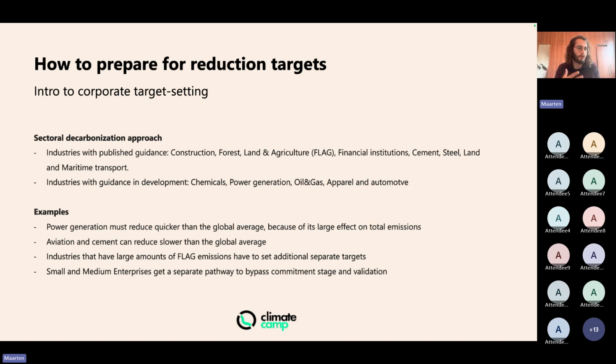I don't know why, there will probably be a good reason for it. But also industries that have a large amount of FLAG emissions need to set additional targets, which I will come back to at the end of this presentation. And small and medium enterprises get a separate pathway to bypass the commitment stage and get easier validation, to incentivize more SMEs to commit to targets without having the same costs and resources related to it.